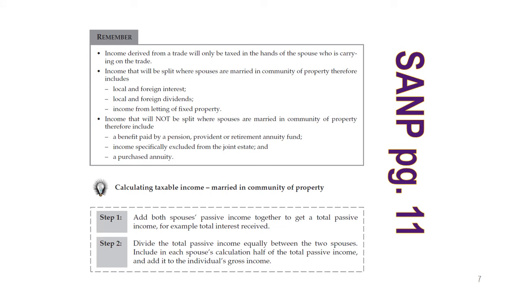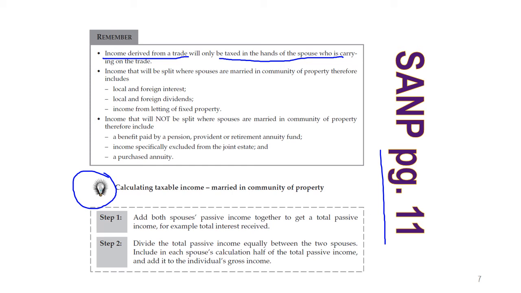Now, in your Student's Approach to Natural Persons, on page 11, you will find this remember block and this lovely little light bulb that tells you exactly how to do the calculation for spouses married in community of property. There you'll see they again put it out for you. Income from the carrying on of a trade will only be taxed in the hands of the spouse who is carrying on the trade. In other words, we don't split income from a trade.